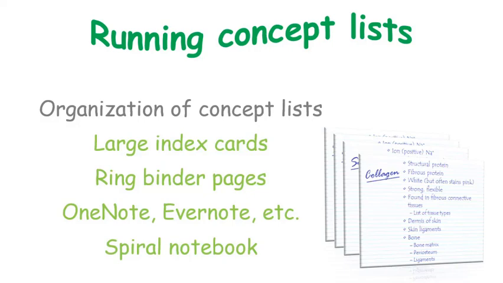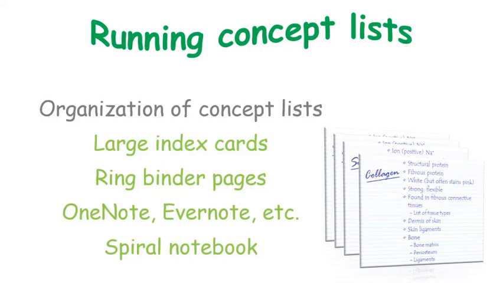Now, I used to tell my students, many of whom used spiral notebooks a lot, but they kind of got away from it for a variety of reasons. But if you use a spiral notebook, I told them to do your class notes from the front, but do your concept list from the back. So it's actually two notebooks in one.